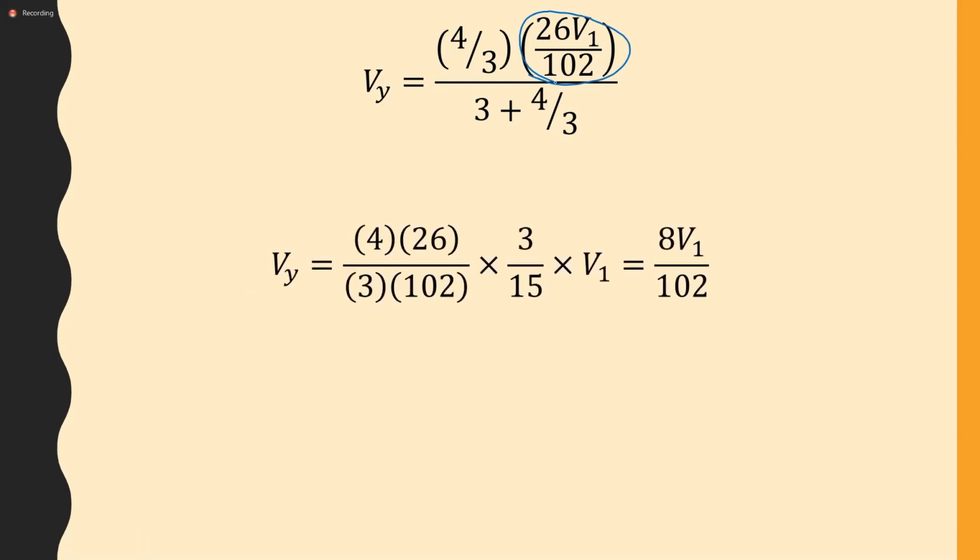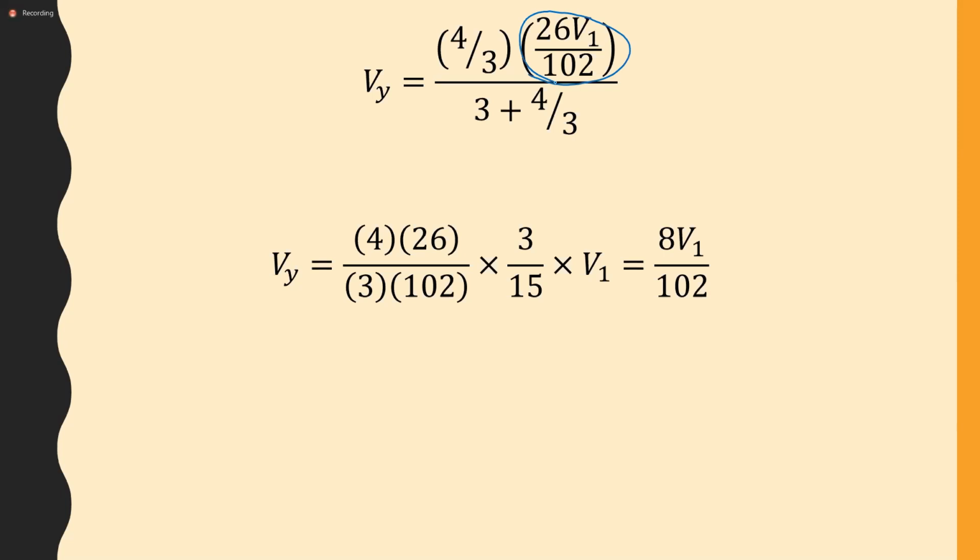And that gives us 8 V1 over 102. So that's the voltage across the 4 ohm resistor, because the 4 ohm resistor is in parallel with the 2 ohm, and we had already established that from our equation.